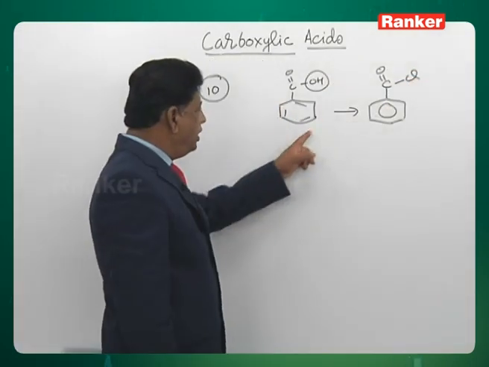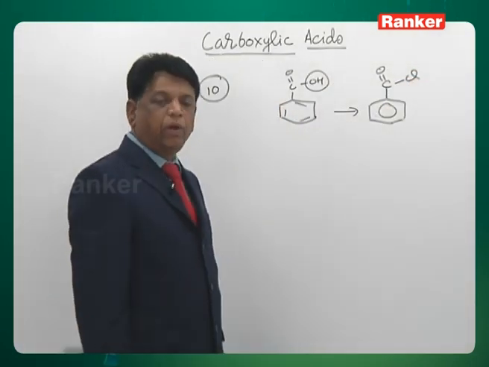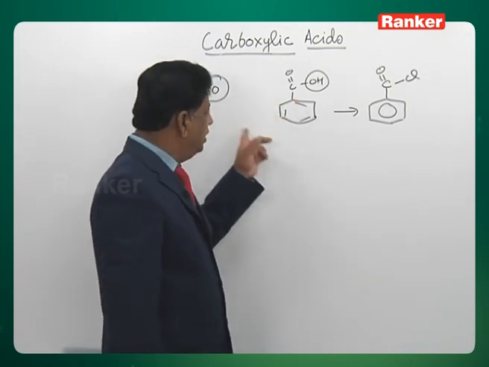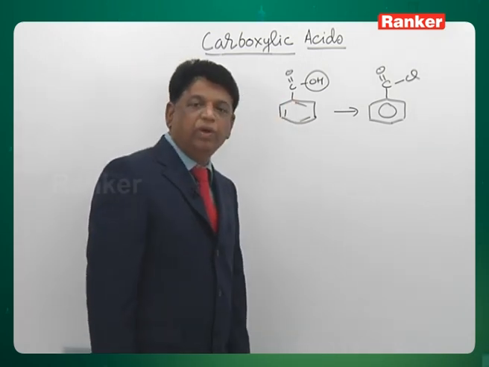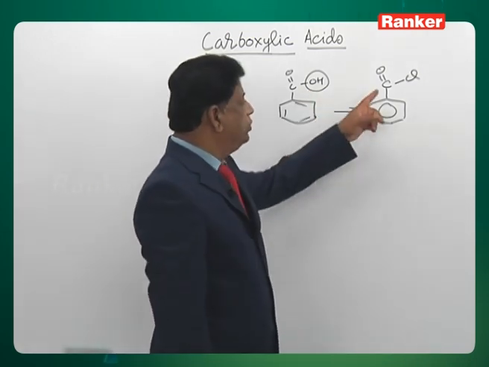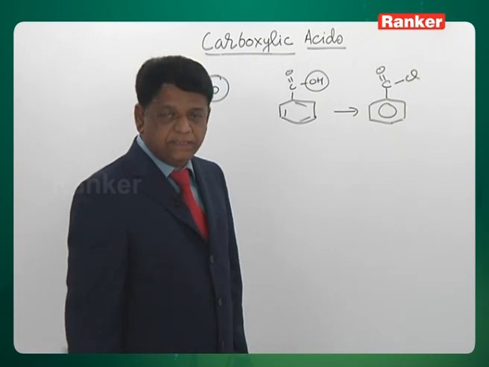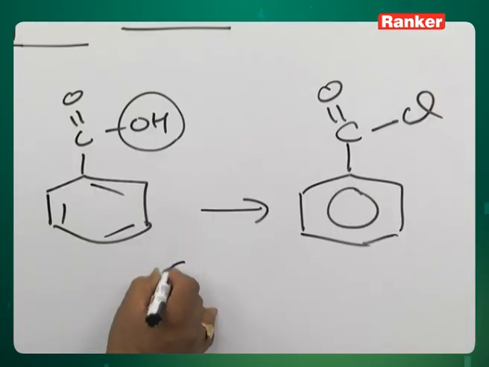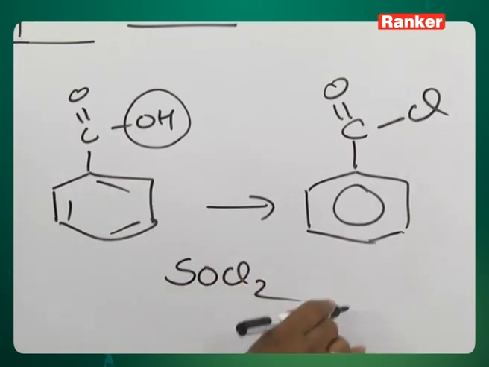If you want to chlorinate the benzene ring, you need chlorine and ferric chloride. If you want to chlorinate a methyl group outside the benzene, you need chlorine and UV light. Here, for OH to Cl, that is alcohols and acids, you need thionyl chloride, SOCl2.